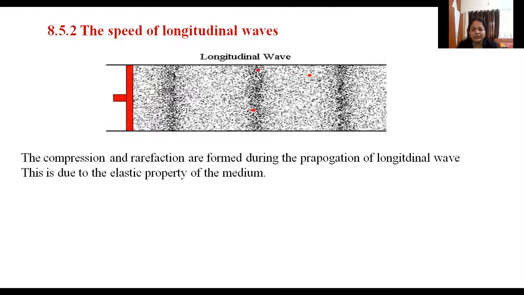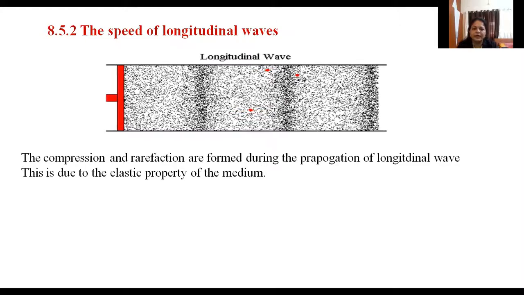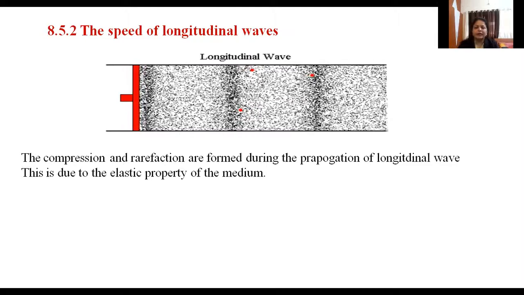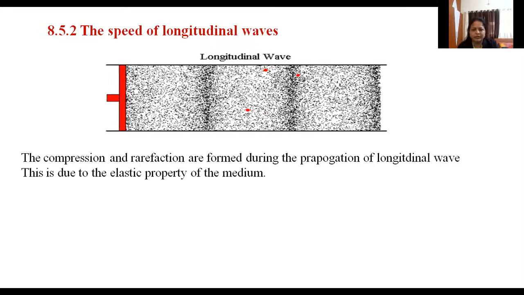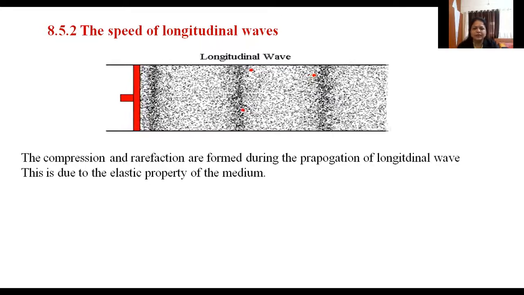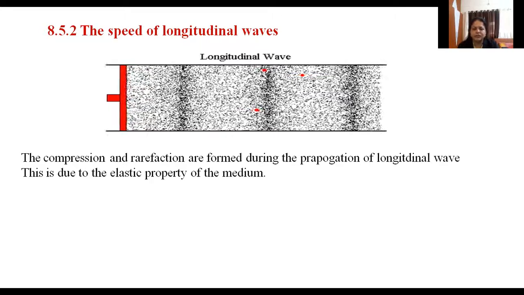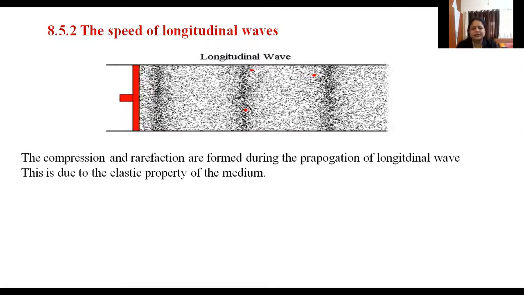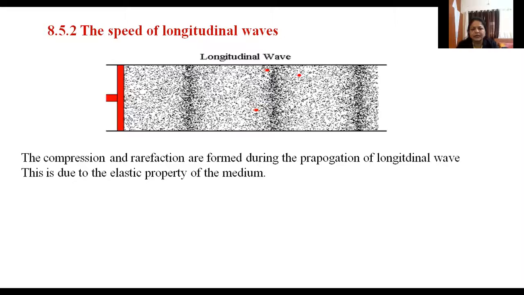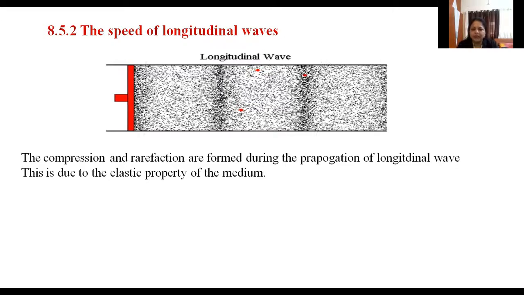According to the elastic property, आता इलॅस्टिक प्रॉपर्टी म्हणजे काय? जेव्हा आपण एखाद्या मीडियमला डिफॉर्म करण्याचा प्रयत्न करतो, ती पुन्हा तिच्या ओरिजिनल पोझिशन मध्ये येते. दॅट इज नथिंग बट दी इलॅस्टिक property, by the virtue of which the body regains its original size and shape. That is nothing but the elastic property of that body or of that medium.